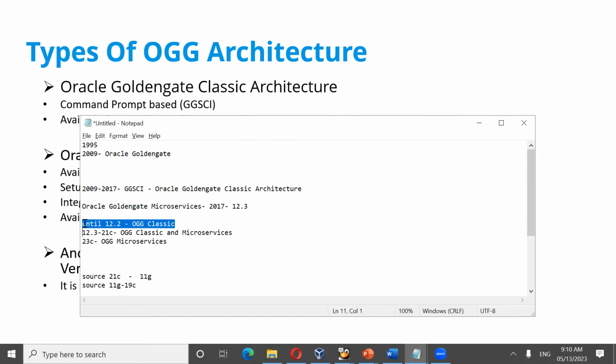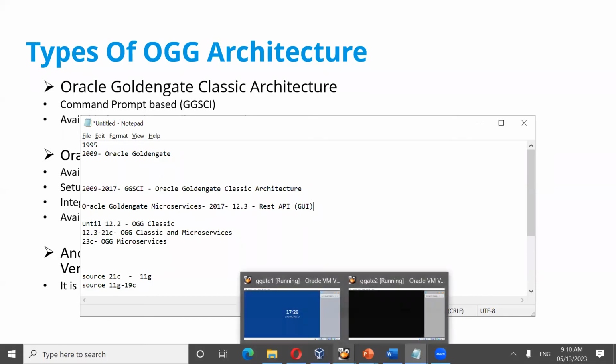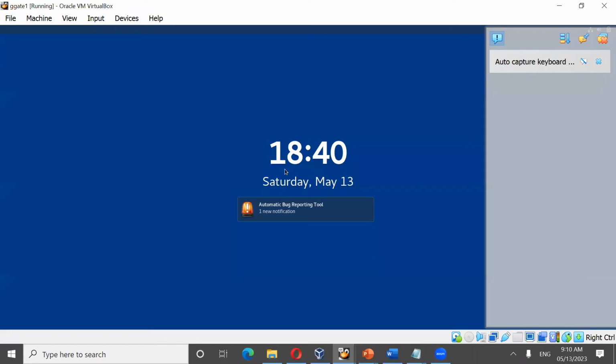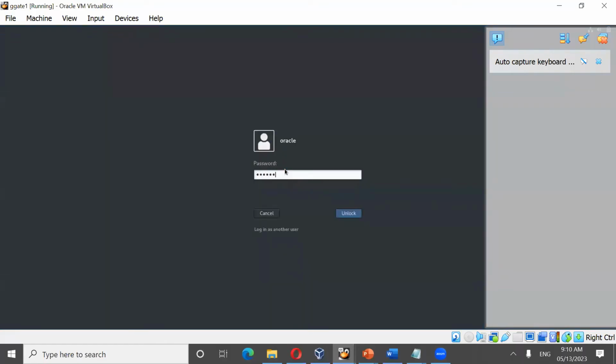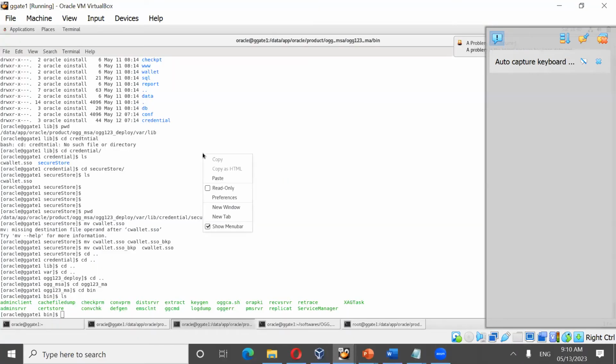The reason being, it has two things. One of the main features of microservices is that it's a REST API tool, and it also has a GUI, a web-based interface. Until now, in Oracle GoldenGate Classic Architecture, it's only command prompt. So let me show it to you once.